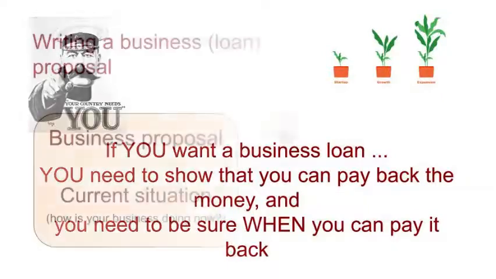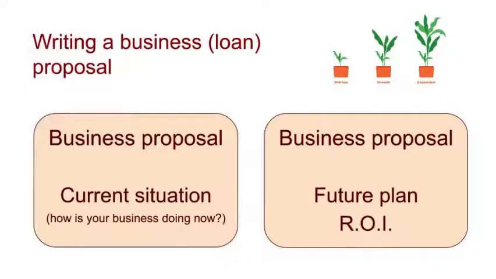So we're going to focus now on writing a business proposal or a loan proposal. And we're going to cover this in the next 2 lessons. So this lesson, we're going to think about the business proposal and how we describe what the current situation is. So in other words, how you describe your business right now.